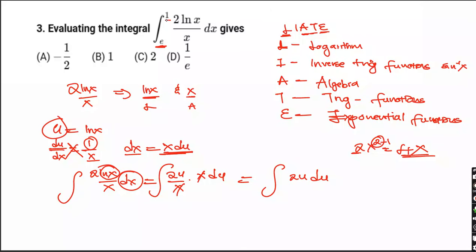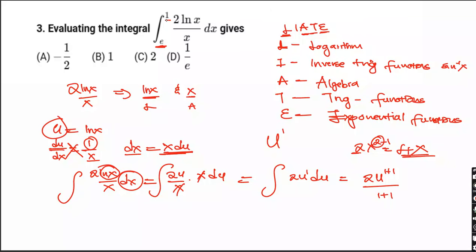We add 1 to the power, then we divide by the new power. So you have 2u. Since any variable, or any number, has a silent power of 1, this u has a power of 1, so we need to add another 1. Then we divide by the new power, which is 1 plus 1.